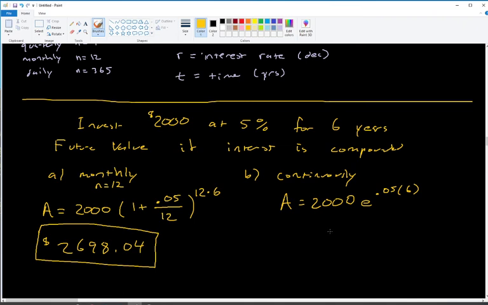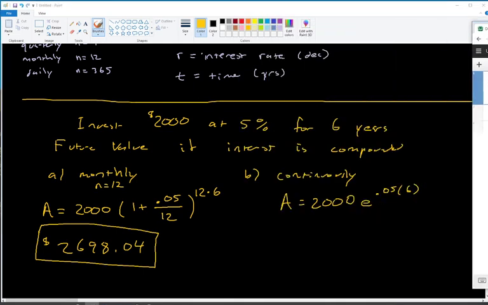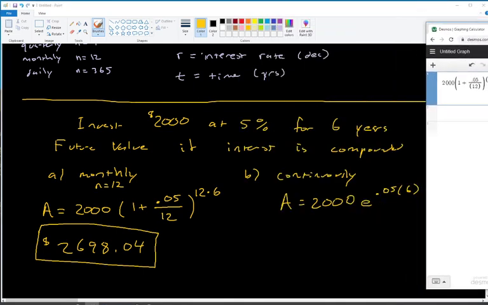Compounding continuously is you're compounding every single second that you possibly could. So this will be a little bit larger than compounding 12 times because we're compounding all the time. So if we put that A equals P E to the RT in, so let's say we got 2,000 times E to the power of 0.05 times 6.